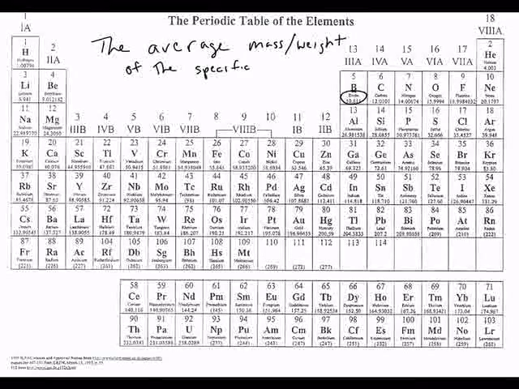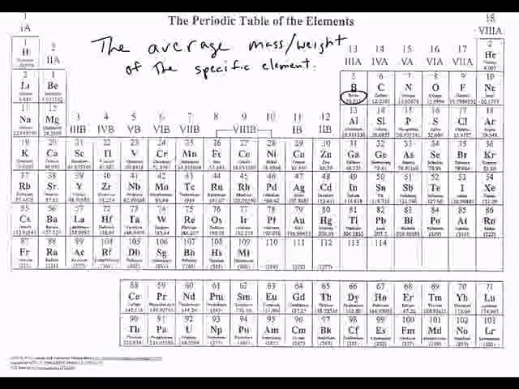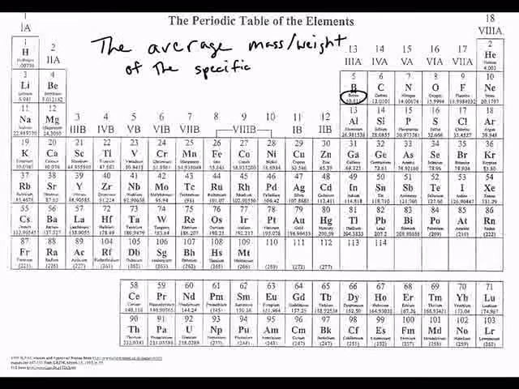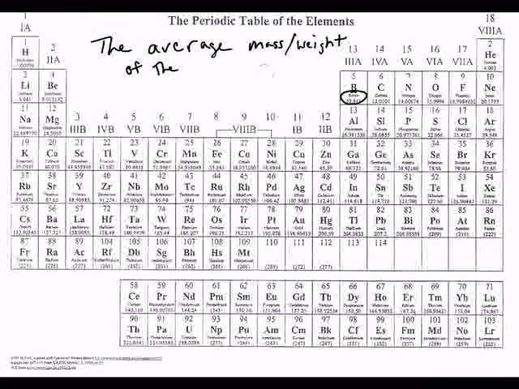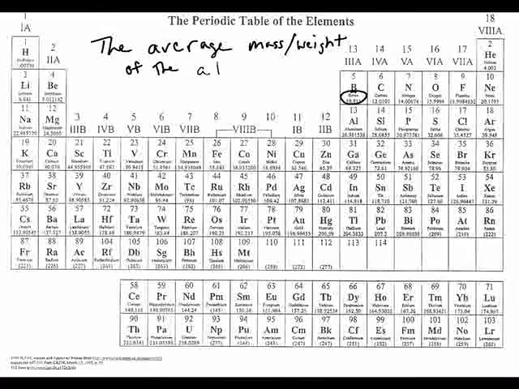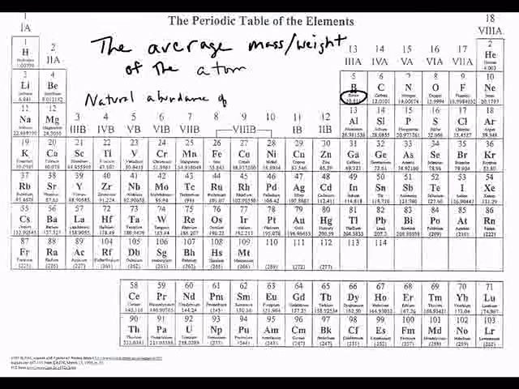Okay, now let's call this atom. Why is it not an integer? It takes into account the natural abundance of the isotopes. So it's kind of a weighted average.